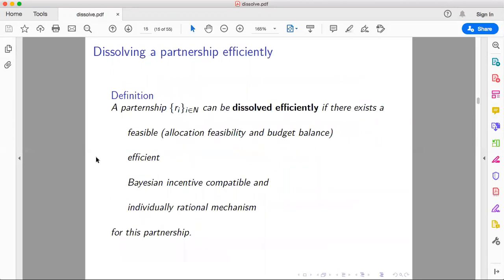Okay. So the choice of efficiency and budget balance comes from the motivation that we want to maximize the sum of payoffs of the agents. So the question is, can we achieve this efficiency and budget balance in the presence of incentive and participation constraints? So that's basically the question.